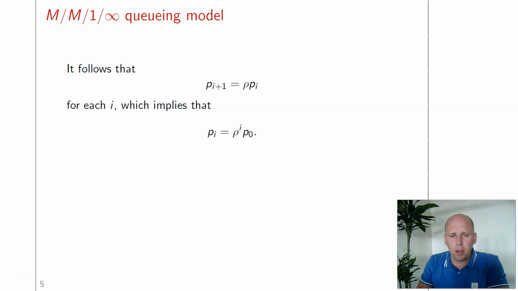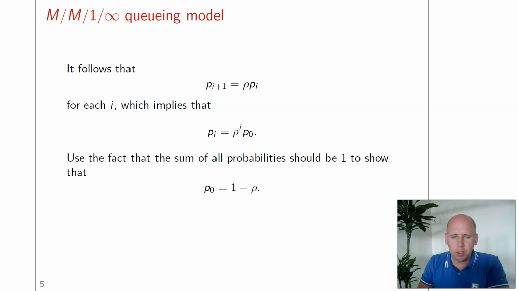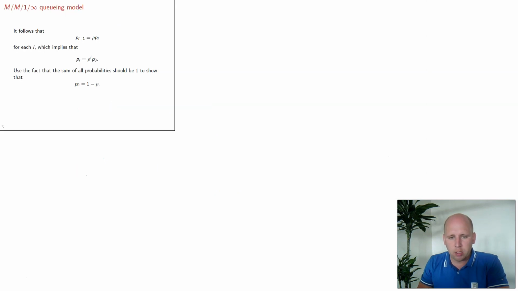And now we need to find the value for P0, and that value can be found by realizing that the sum of all probabilities should be equal to 1. So if we do that, then we can show that P0 will be equal to 1 minus rho.